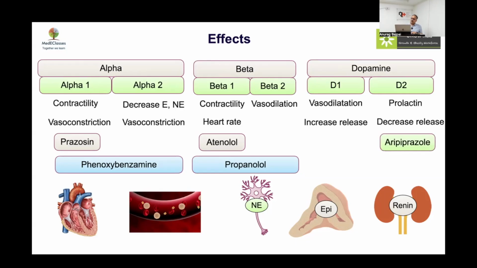How do these agents act? What is their mechanism of action? All these catecholamines act via the membrane receptor, the cytoplasmic receptor, or the intracellular receptor. Membrane receptors largely use cyclic AMP, G protein coupled.